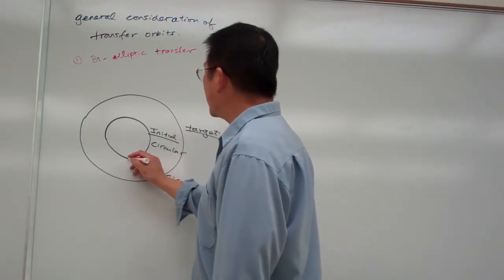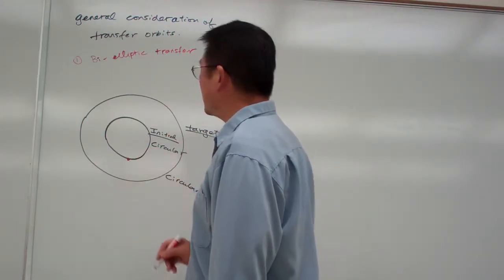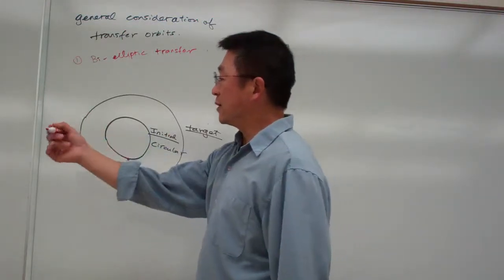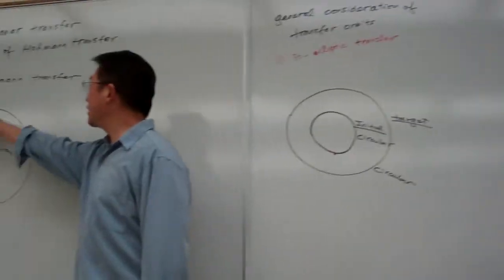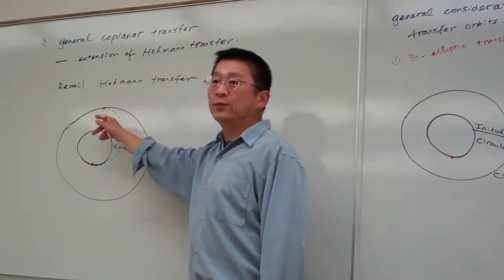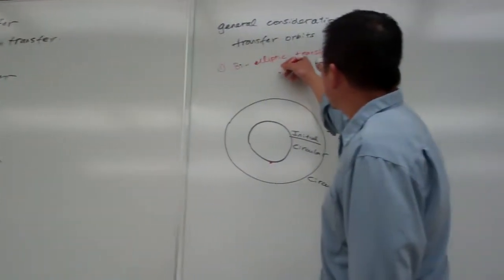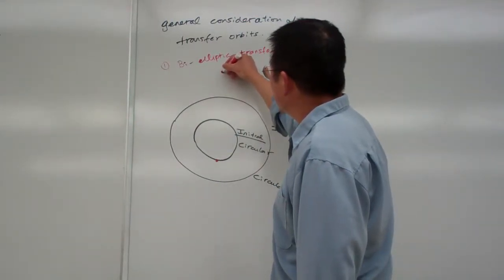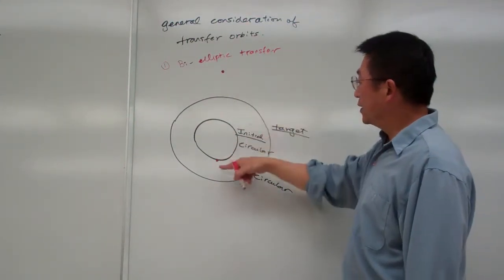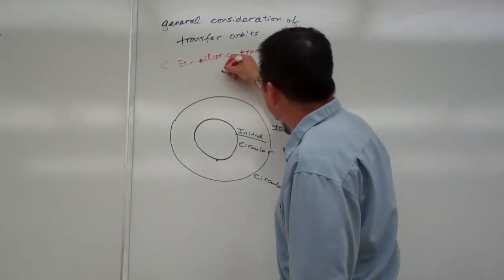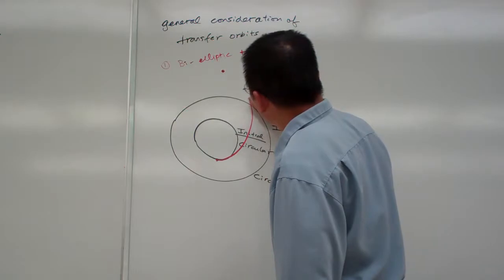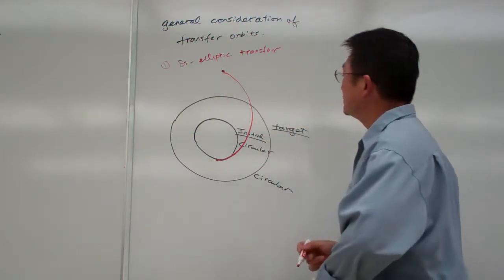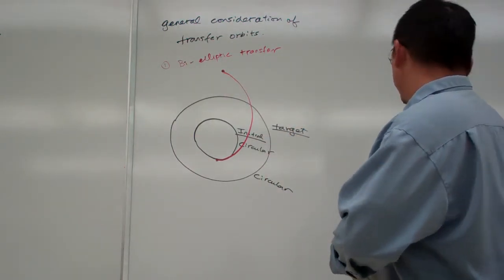So right now, again, this is our starting point, the same thing as we did here. And now, rather than putting the rendezvous at that point, we design our point here. Connecting from here to here uses half of the corresponding ellipse.